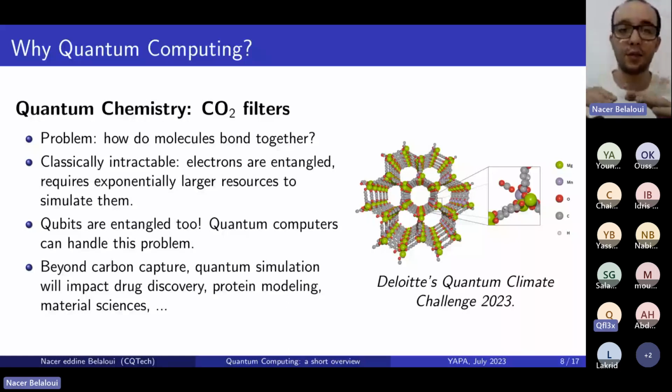These operators move an electron from one orbital to another, or move it down, or move two electrons at the same time, and so on. Then we perform a mapping and map them into Pauli operators, which are quantum operators on the quantum device.